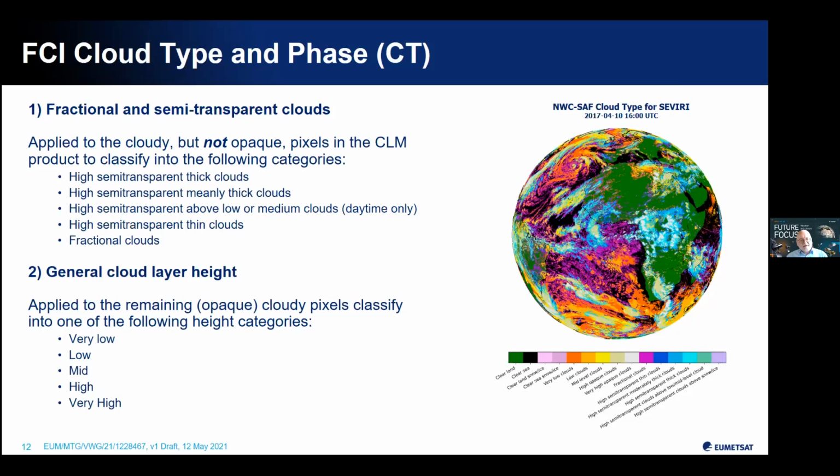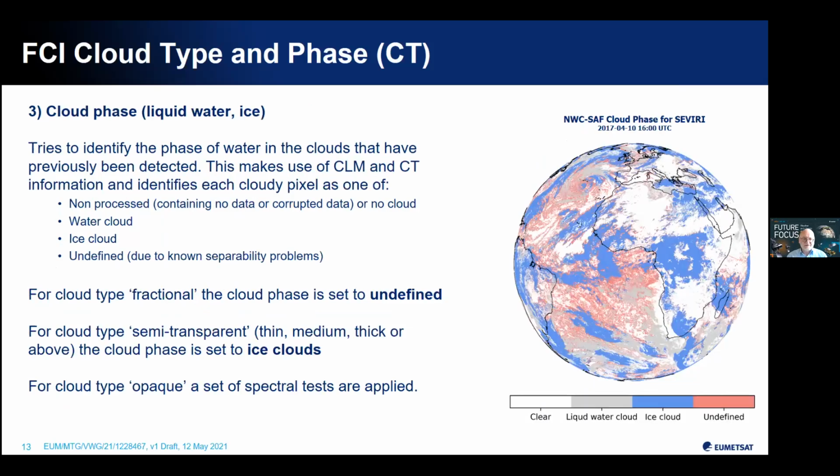For the opaque cloudy pixels, we separate between very low, low, mid, high, and very high level opaque clouds. The cloud phase, again, there is an example from the nowcasting SAF for Severe. We try to identify the phase, especially water and ice phase.